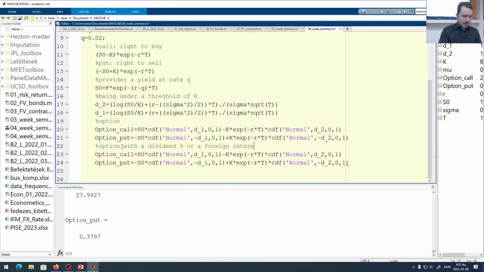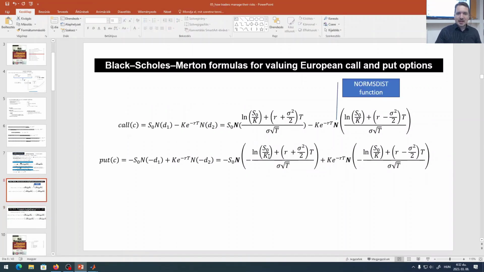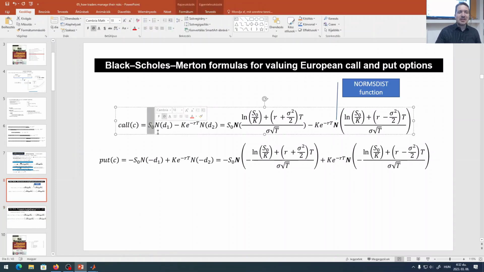Foreign interest rate. And this is the funny part. It doesn't matter whether we are talking about a dividend percentage or a foreign interest rate if we are talking about exchange options, because we are behaving completely in the same way, just with some extras. In the original equation, we did not have to care about what is happening with the spot value because it was not growing at all.